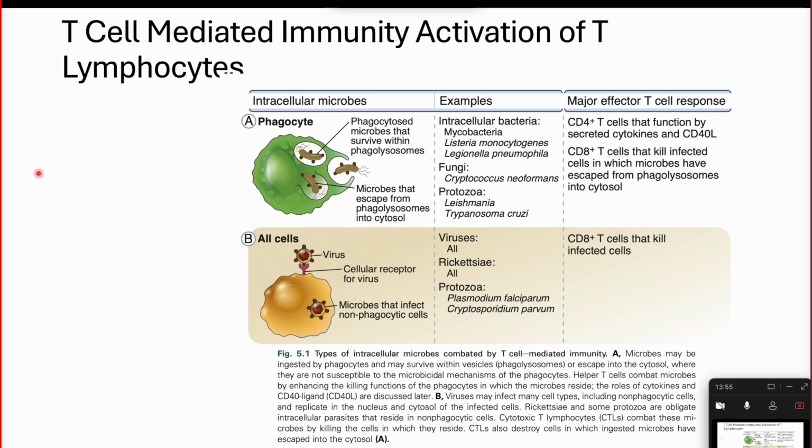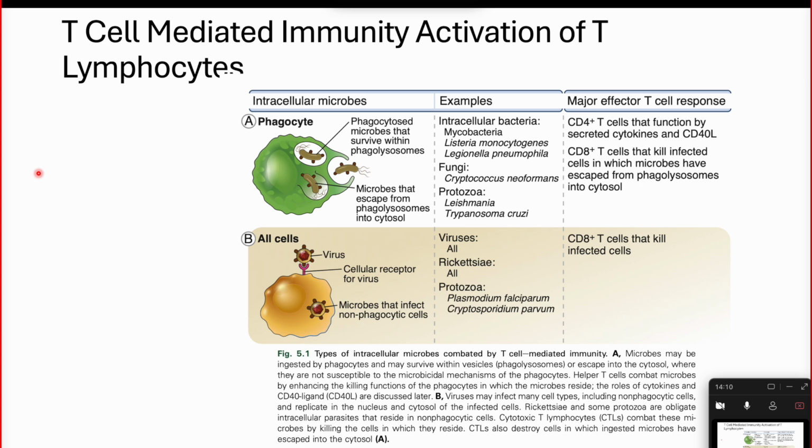So imagine a phagocytic cell has engulfed that organism or antigen. That organism might survive at that point, and it might have escaped the lysosome and be staying in the cytosol.